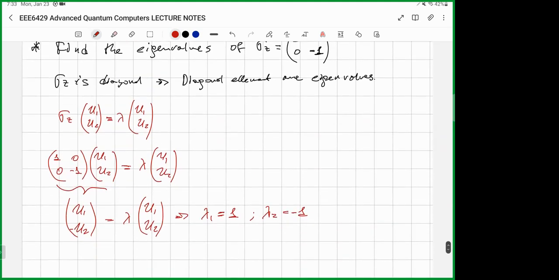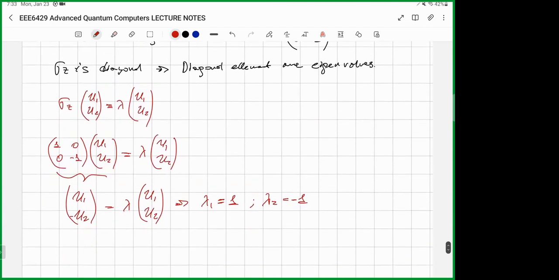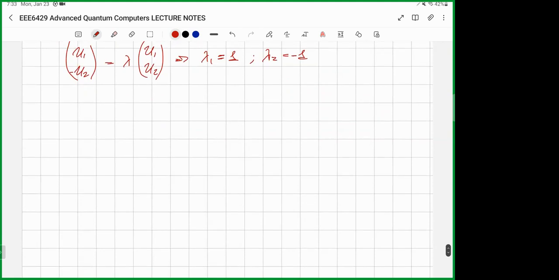That's it. So these are 1 and minus 1, the diagonal elements of this sigma z. So the problem of finding the eigenvalues of any matrix consists in diagonalization of the matrix. Diagonalization of a matrix and the procedure of finding eigenvalues of a matrix are basically the same, different ways to say the same thing.